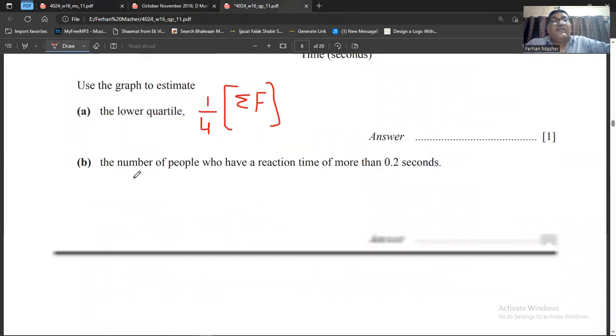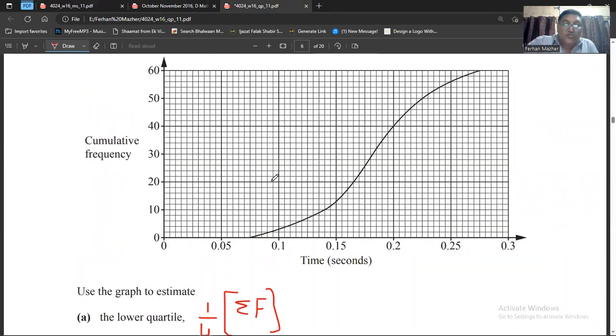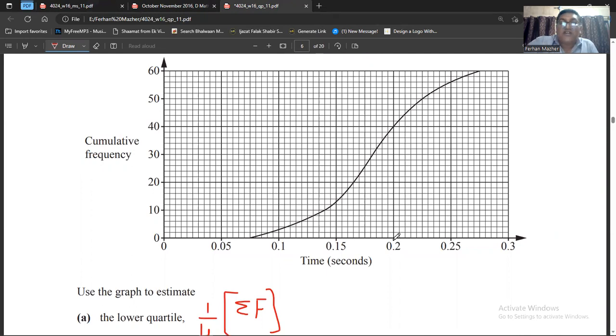Then the question asks for the number of people who have a reaction time of more than 0.2 seconds. From 0.2 here, you go to the graph, then you check what the value is there.